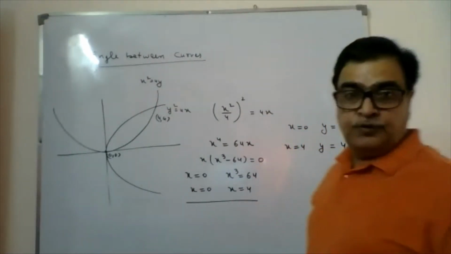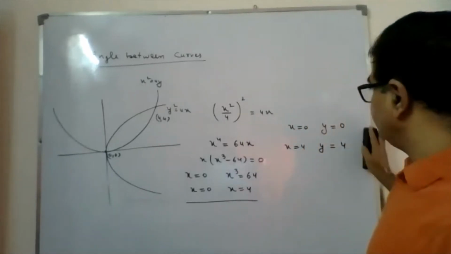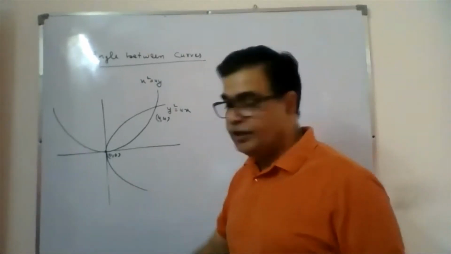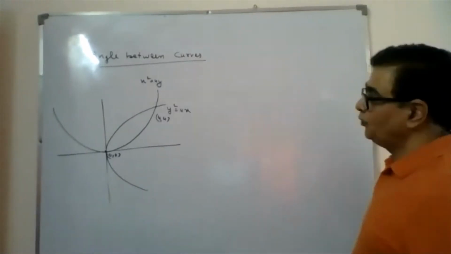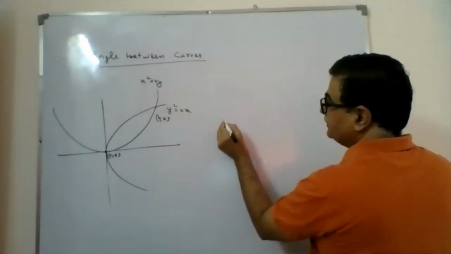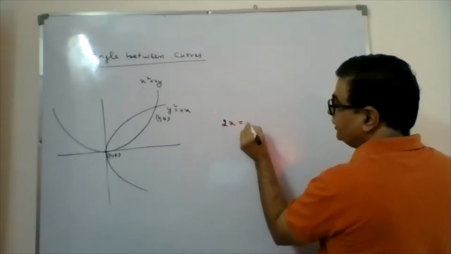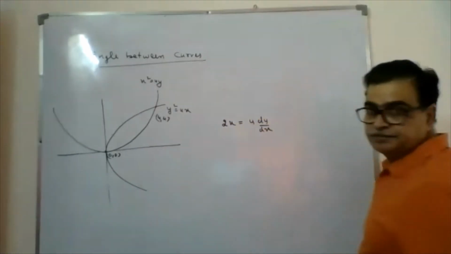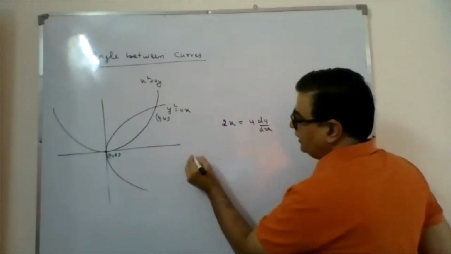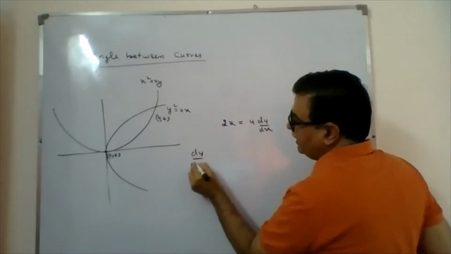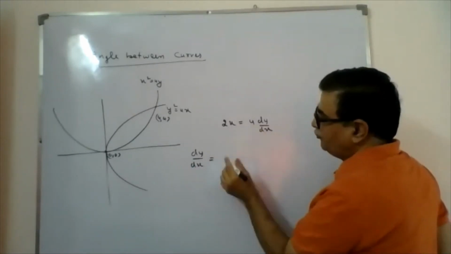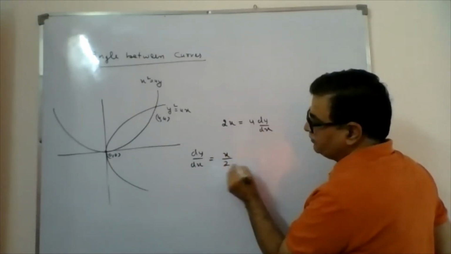So for that, we go for the derivative dy by dx. First thing, we have calculated the intersection. Now we are going for derivatives to get the slope of the tangent. Now for x squared equals 4y, 2x will be 4 dy by dx, or I should say dy by dx will be equal to 2x by 4, so it has come out to be x by 2.